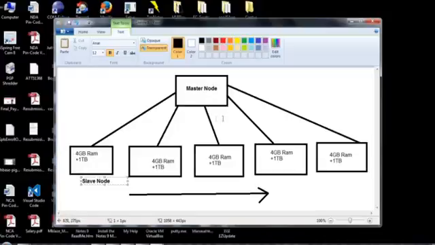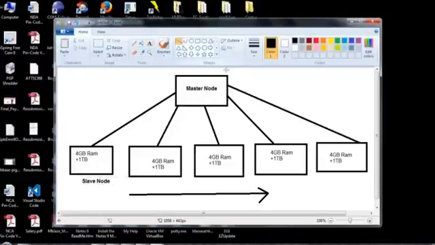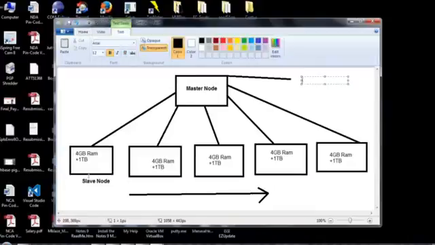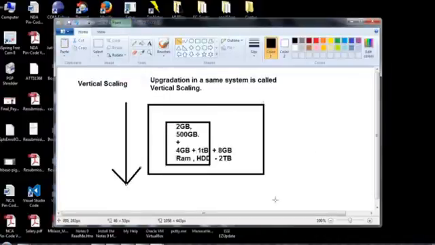Now if I ask you what's the capacity of the system, what will you say? Total capacity is 20 GB RAM and hard disk 5 TB. Tomorrow if you want to add another 5 systems, you can add, and there is no limitation. So it is giving you a clear picture.